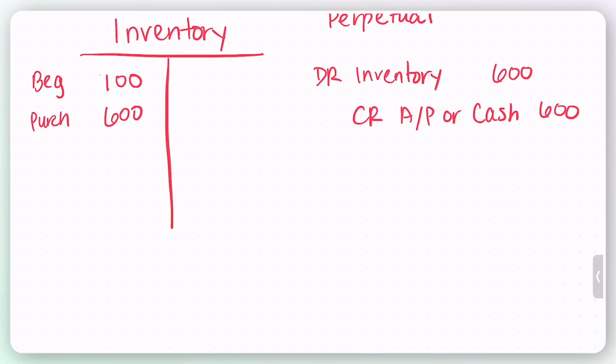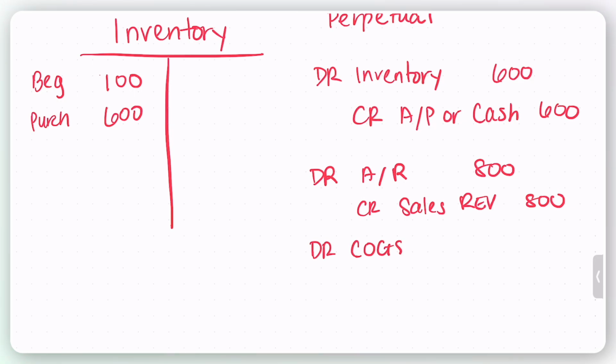Then let's say we sold half of that inventory for approximately $800. So we're going to record that sale during the period. We would debit accounts receivable for $800 and we would credit our sales revenue. We know that we sold $300 worth of inventory because we barcoded everything, perpetually keeping track of inventory. And we can tell that we also need to debit cost of goods sold for 300.